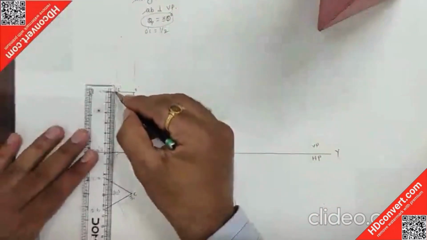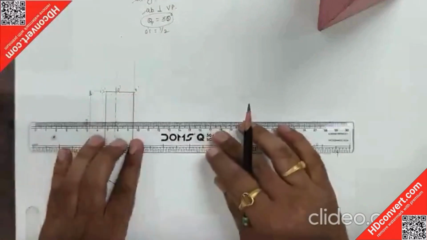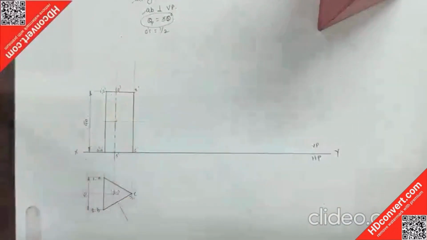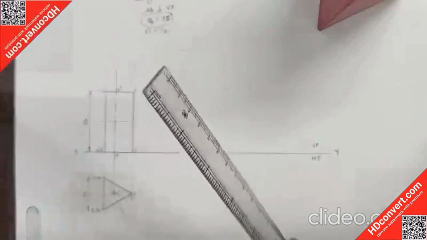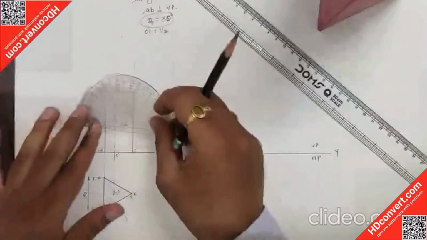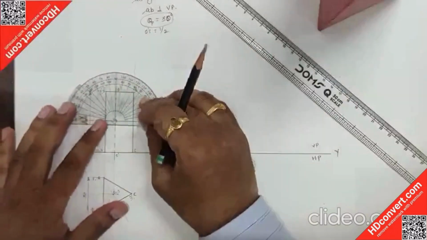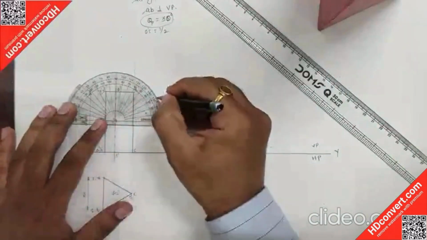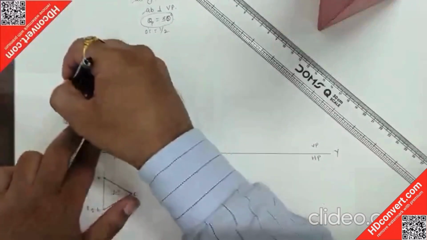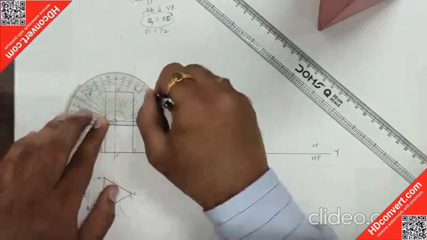This total height is 60 mm, so its midpoint is 30. Now the cutting plane, inclined by an angle of 30 degrees, bisects this axis equally. This is the axis midpoint, and the cutting plane is inclined by 30 degrees, so we can mark 30 degrees in this way.